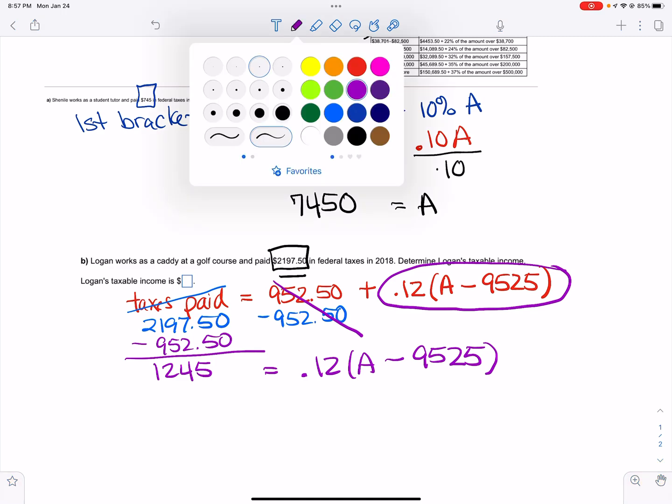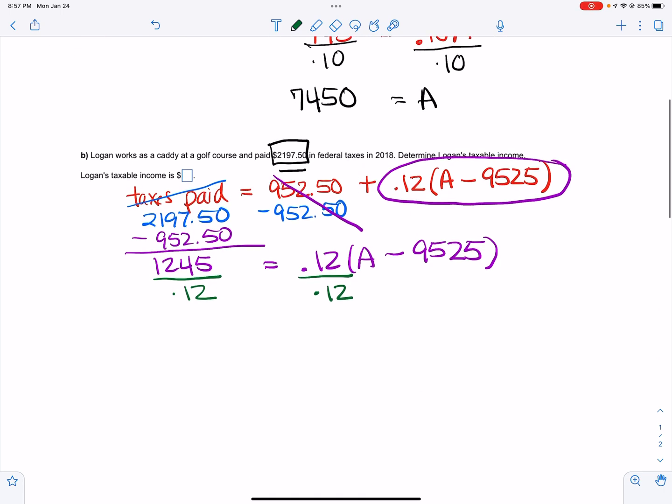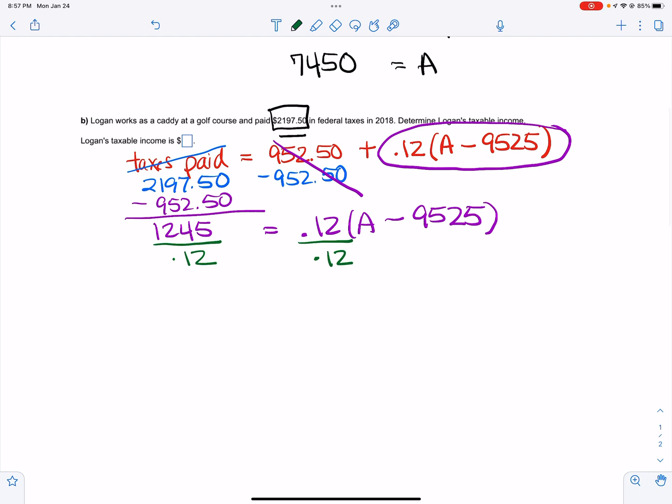So now the easiest thing to do is to get rid of the multiplication by dividing both sides by that decimal. So when I take 1245 and divide it by 0.12, I get 10,375.